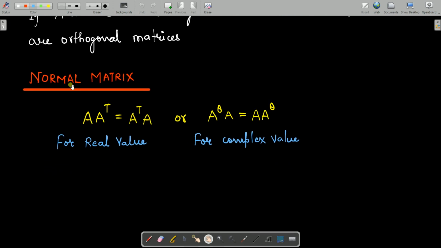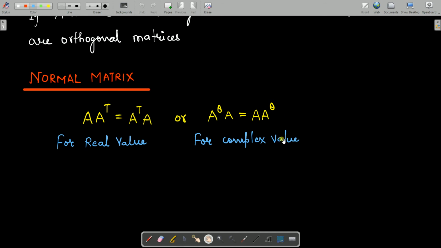Now we have another matrix called the normal matrix. Which is a normal matrix? A normal matrix is one for which A into A transpose is equal to A transpose into A. If this condition is satisfied for a real matrix, then we can say that this matrix A is a normal matrix.